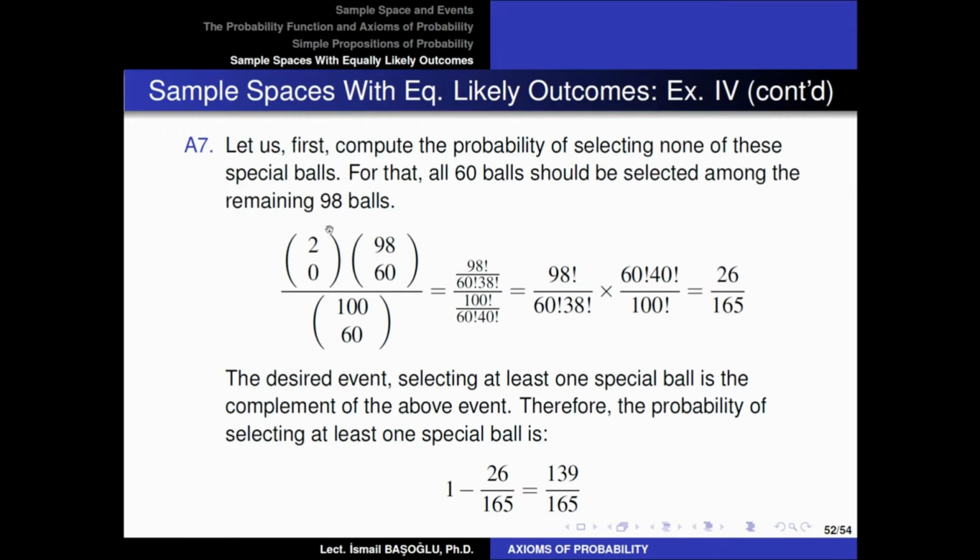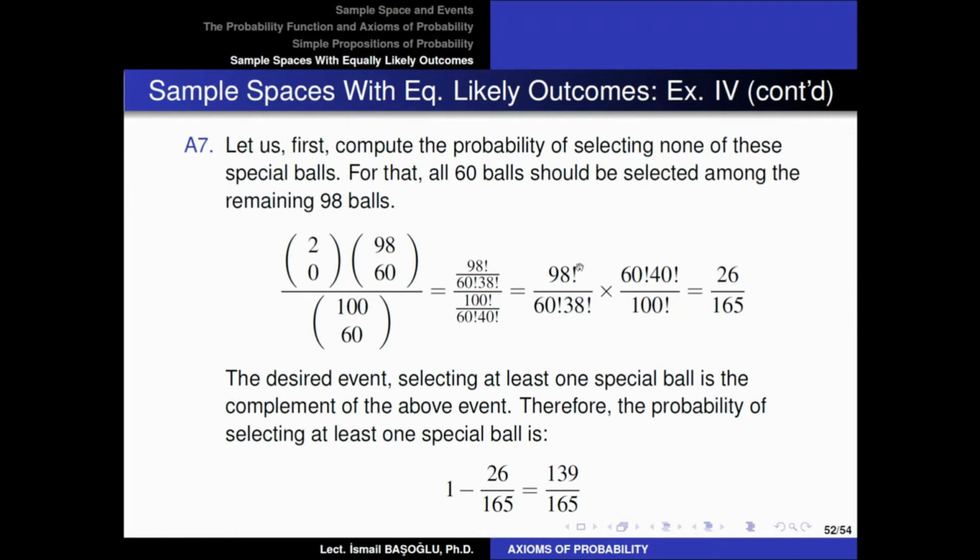Now, if you expand 2 choose 0, you will simply get 1. Then you expand 98 choose 60 and 100 choose 60 in the numerator and in the denominator, and you will easily realize that 60 factorials will cancel out, and we have 98 factorial over 38 factorial here, and we have 100 factorial over 40 factorial here, and the remaining values can cancel out as well.